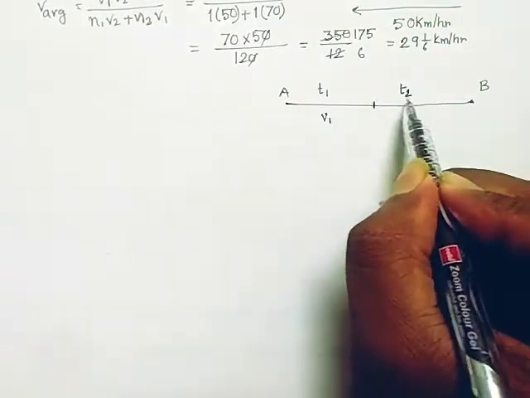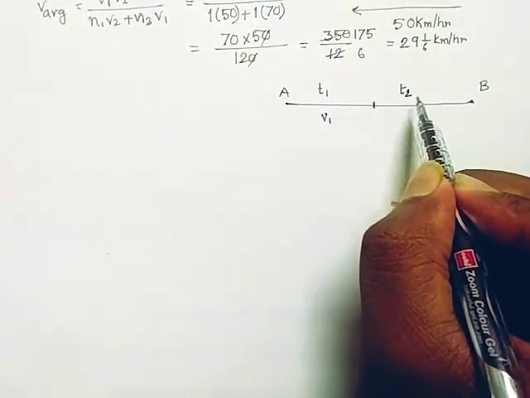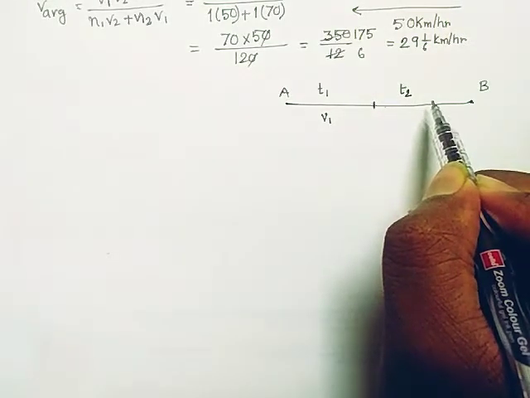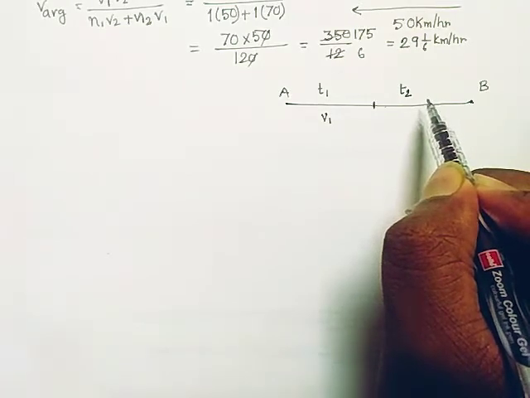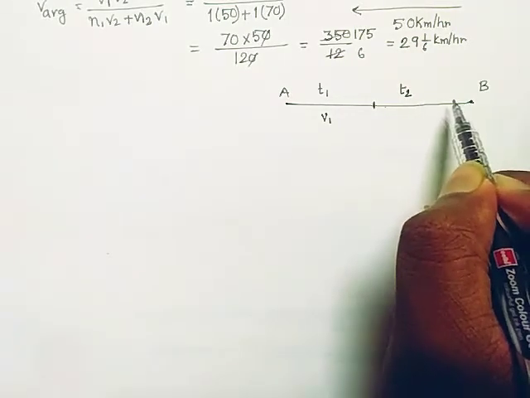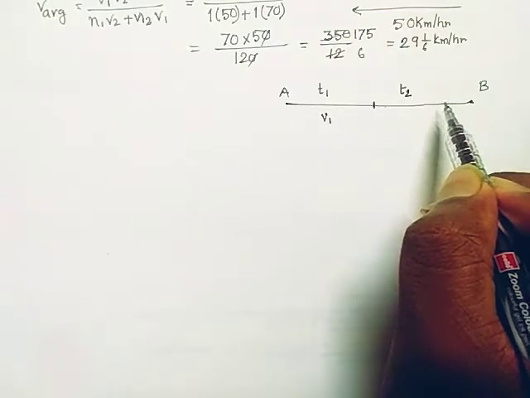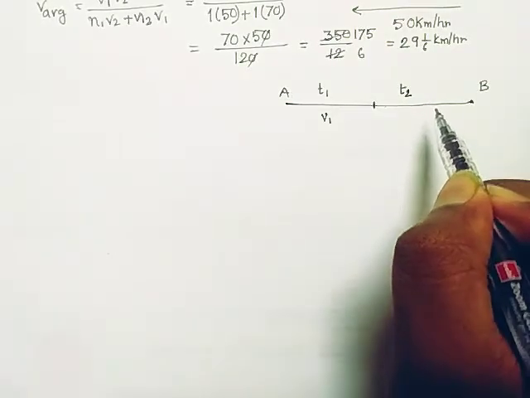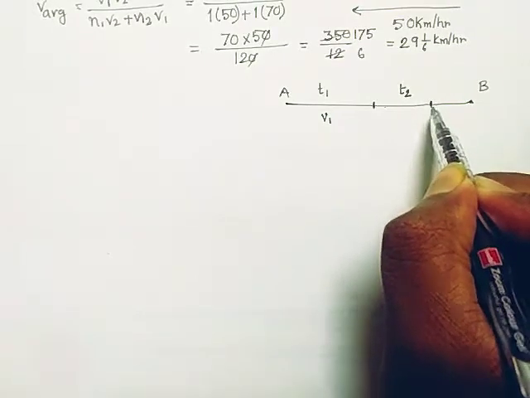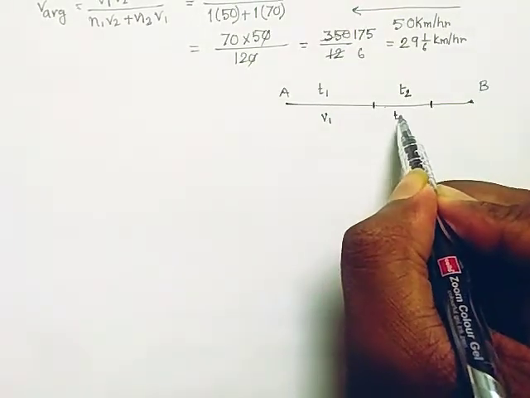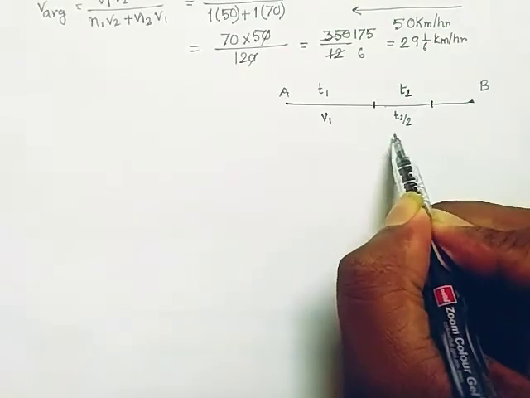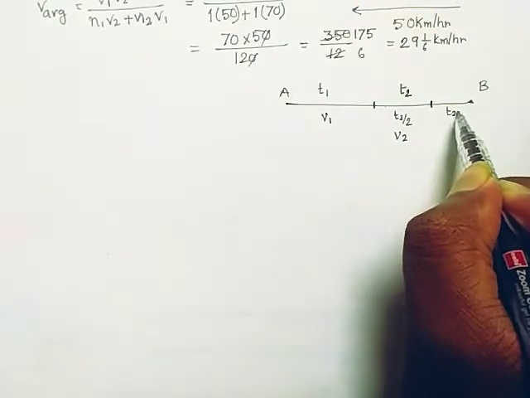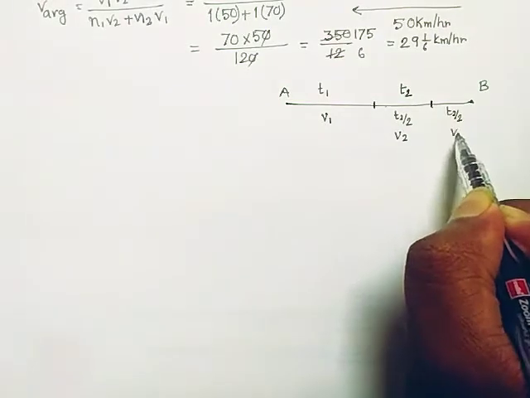Now if the total time is t2, then for t2 by 2, that is half of the rest of the time, it is moving with the velocity v2, and for the rest of the time, t2 by 2, it is moving with the velocity v3.